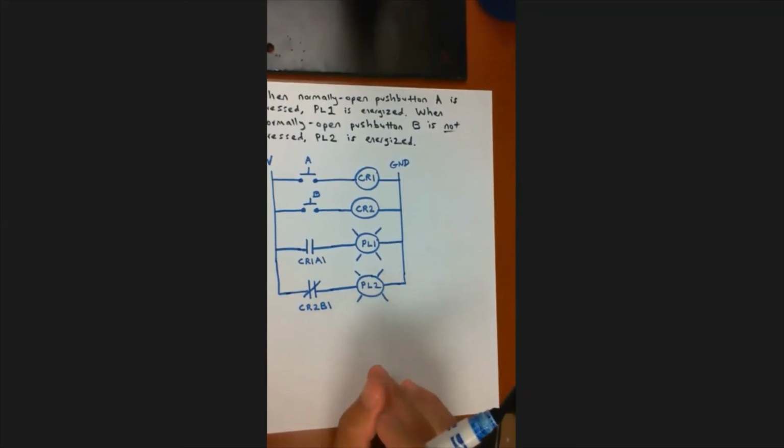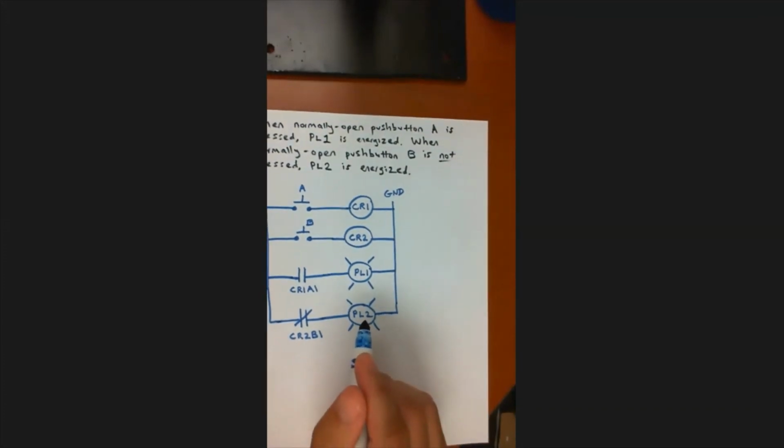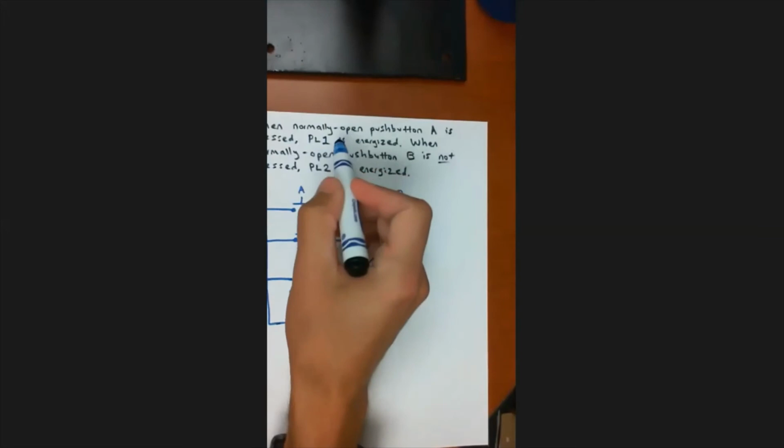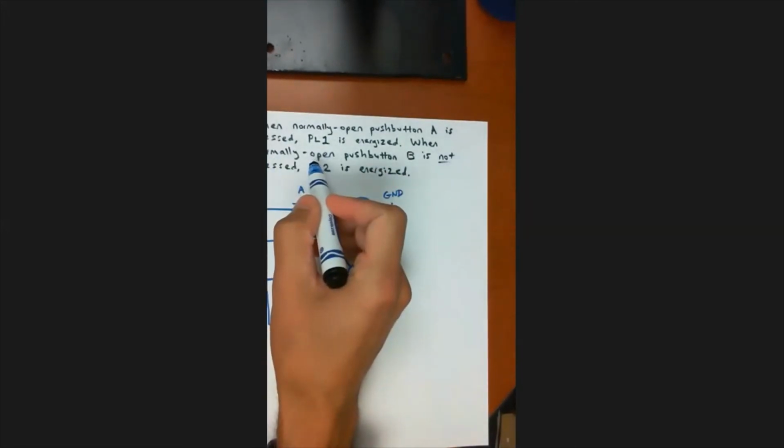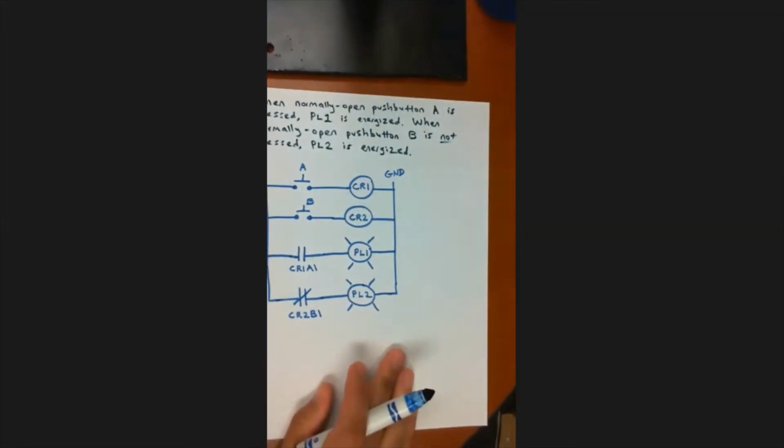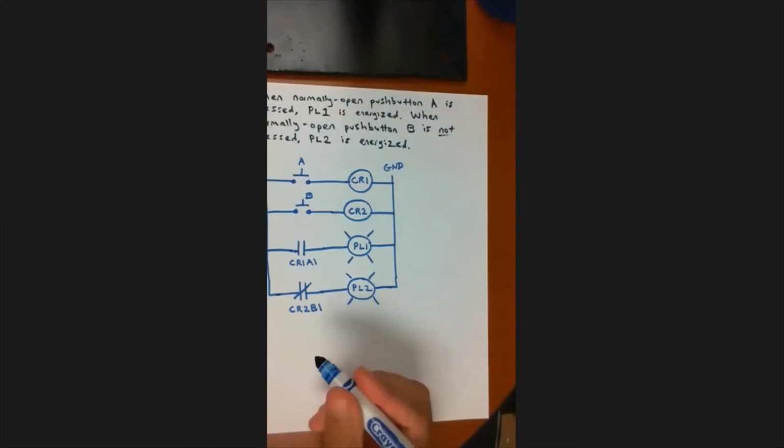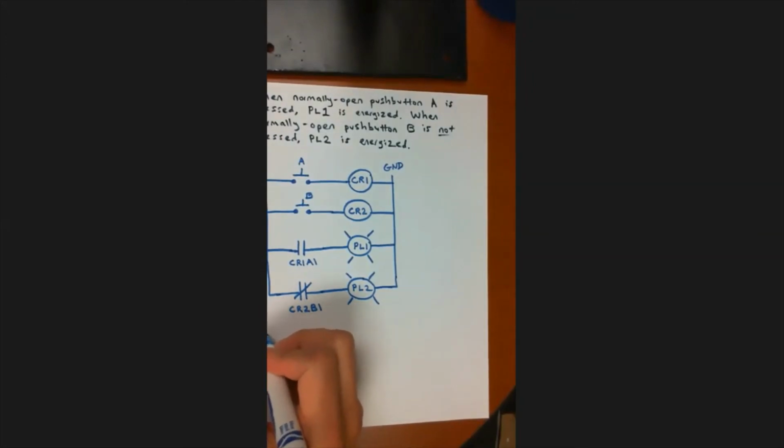In fact, you don't necessarily need relays here if I had not stipulated that these were normally open push buttons. If I had allowed you to use a normally closed push button, then you could have done something like this.